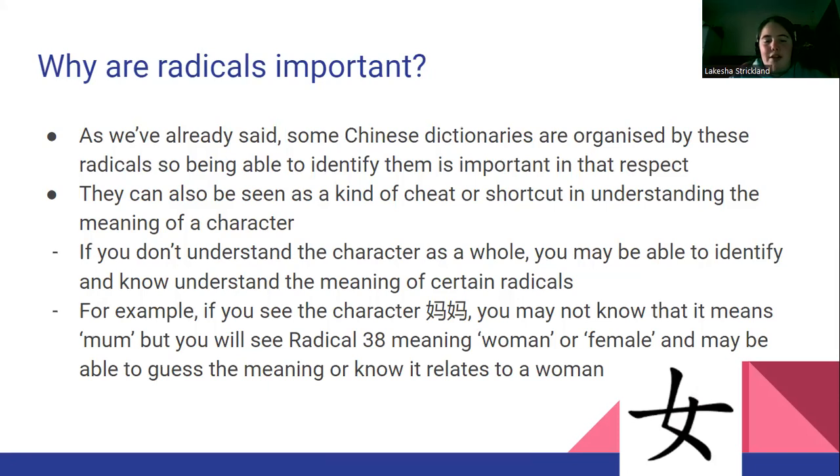So if you see the character mama, meaning mum, you might not know that the whole word means mum, but you might see this radical at the bottom of the screen, nu, which means woman or female. So you can guess that it's something to do with a woman, a female person.